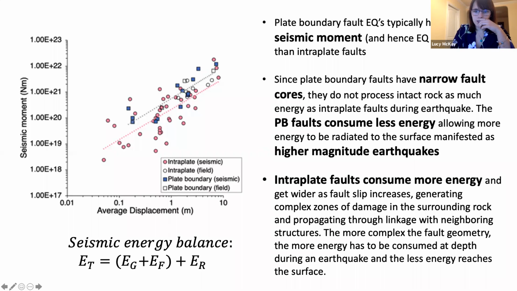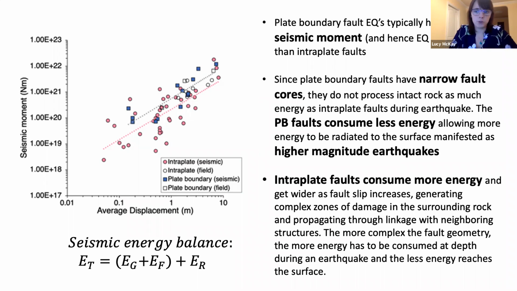And this equation down here: during an earthquake, your energy is partly consumed by the fault through fracturing and frictional energy, which is shown as Eg and Ef. And the rest of the energy is released as seismic waves. So it's inferred that all plate boundary faults, including the Highland Boundary Fault, are narrow because they don't process intact rock as much during seismic events as intraplate faults.